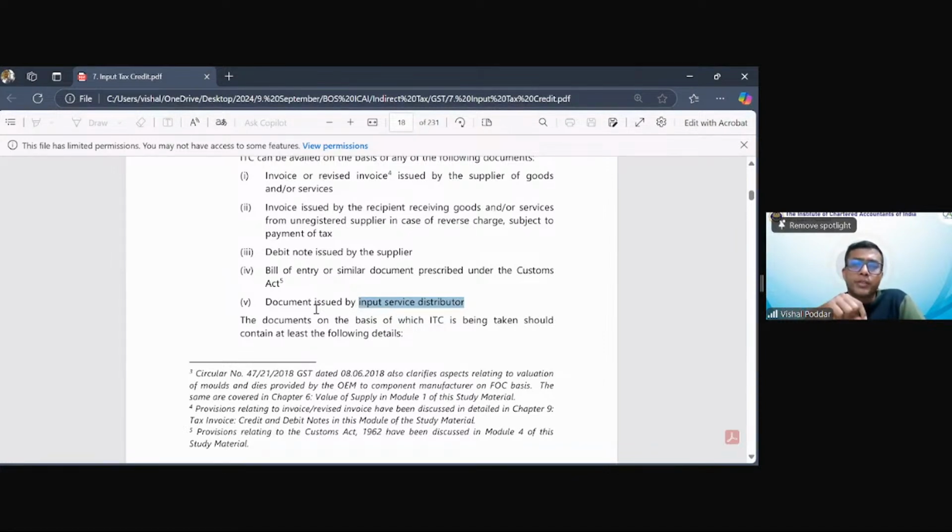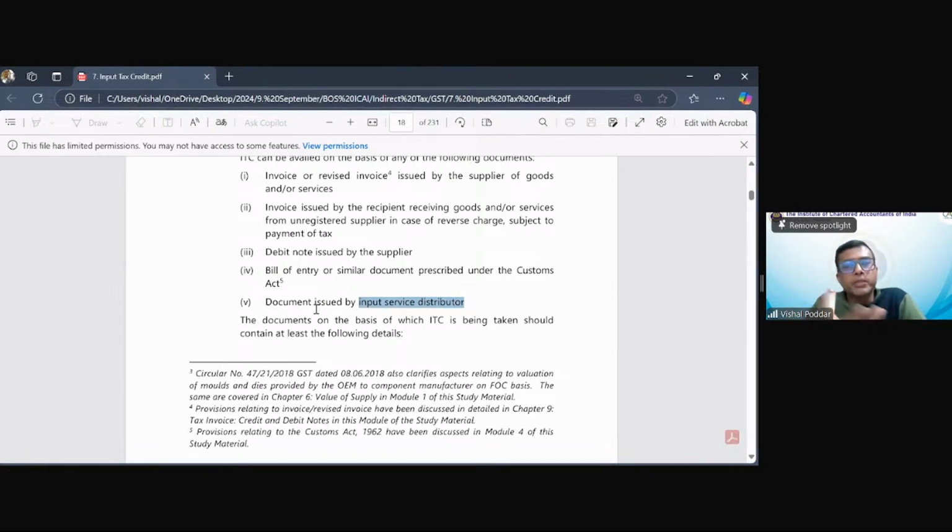Now, this office, I am calling it your corporate office, your head office. There is no compulsion, nowhere in the law have they used the word head office or corporate office, but generally it is the head office or corporate office where all these invoices have come. These invoices are of common expenses. Common means it is applicable to the company as a whole. It is not related to any particular entity.